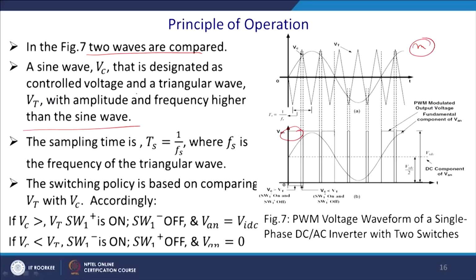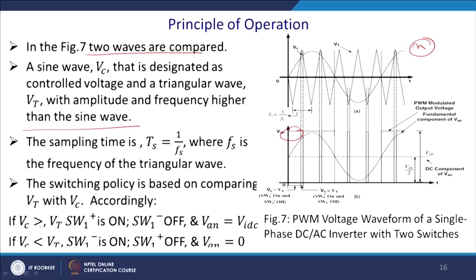So, the control voltage and the triangular wave Vt, with the frequency higher than the sine wave. The sampling period is Ts equal to 1 by Fs, where Fs is the frequency of the triangular wave. The switching policy is based on comparing Vt with Vc; this is the principle of the bipolar PWM.